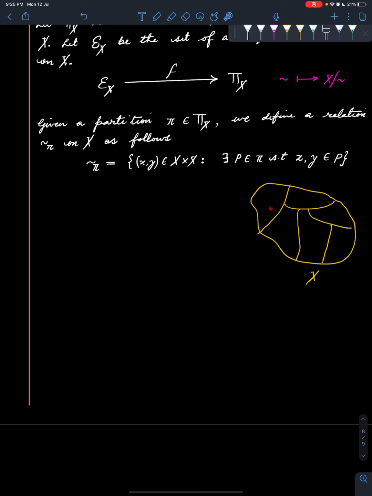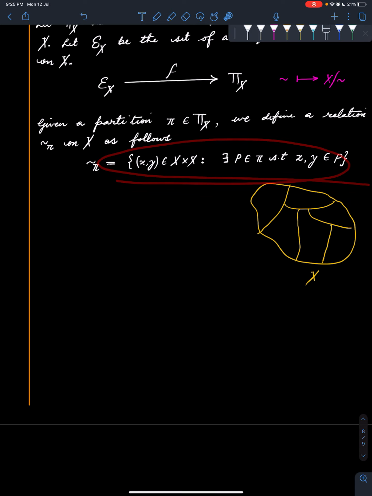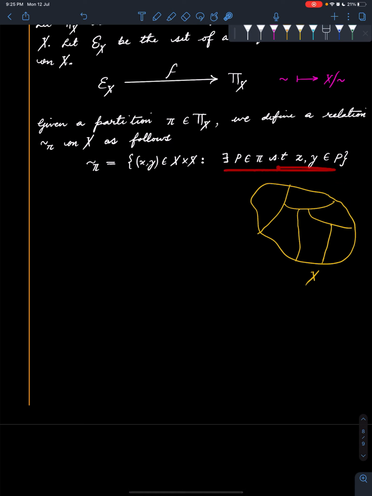And if we pick two elements and they happen to be in different parts, then we say that they are not related. We do not put them in this box. Right, so that's what this is saying. And I leave you to check that this is an equivalence relation.